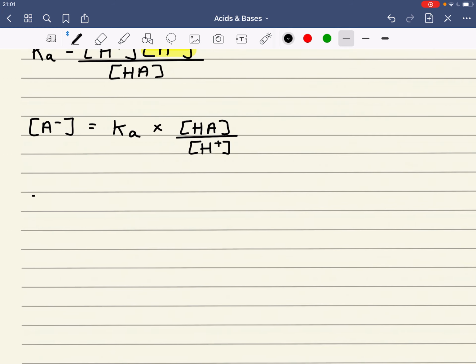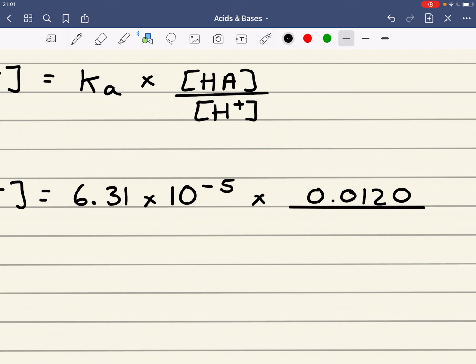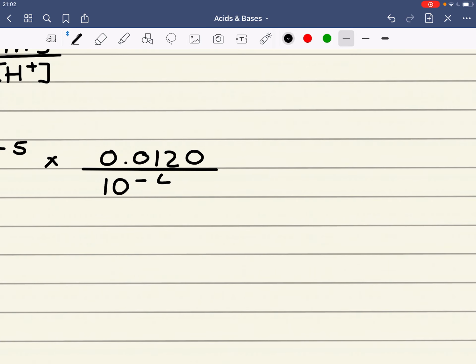So then A minus will equal my Ka, which is 6.31 times 10 to the minus 5, multiplied by HA, which is 0.0120, divided by my hydrogen ion concentration, which is 10 to the minus pH, which is 4.00.